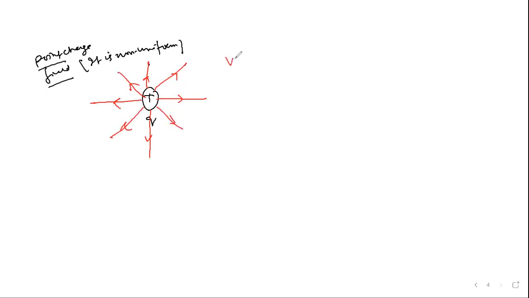You know electric potential due to point charge is 1 by 4 pi epsilon naught q by r. So if I connect those points which are equidistant from the charge and join them, I will get an equipotential surface.